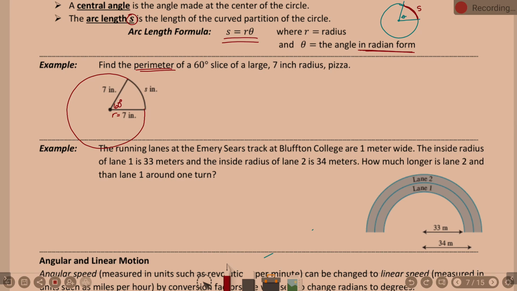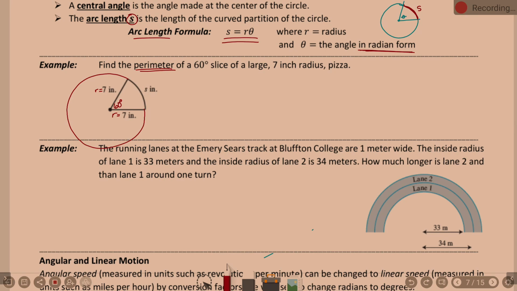Each of my radiuses are 7. And then they have this outside edge labeled as S, because what is it? It's the arc length.